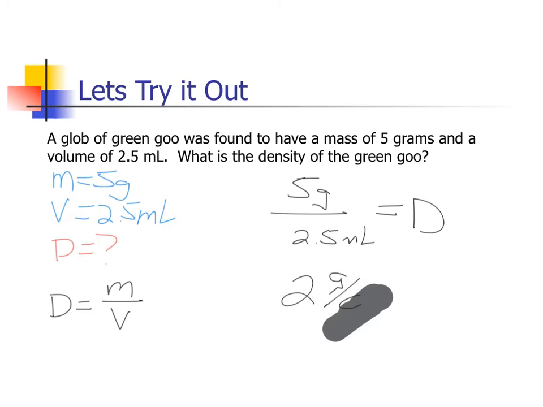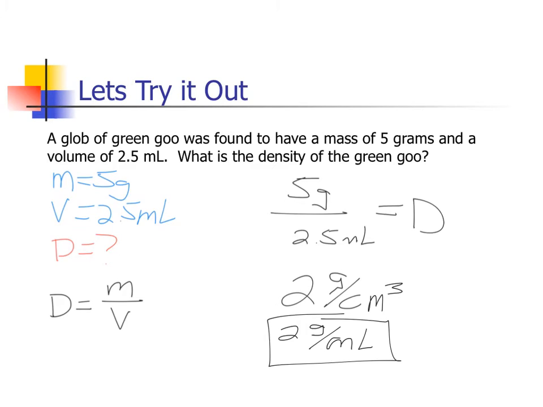I'll erase, and I'll just go, that didn't work either. And so we have centimeters cubed, or 2 grams per milliliter, and actually both would be acceptable on a test, either one.